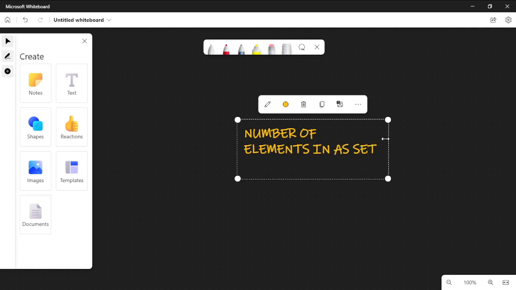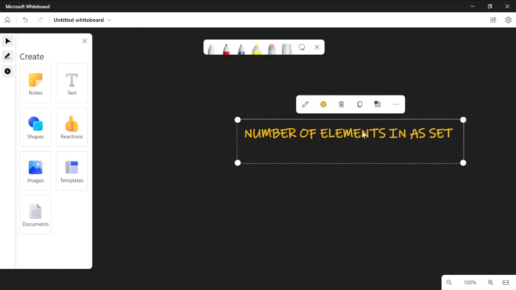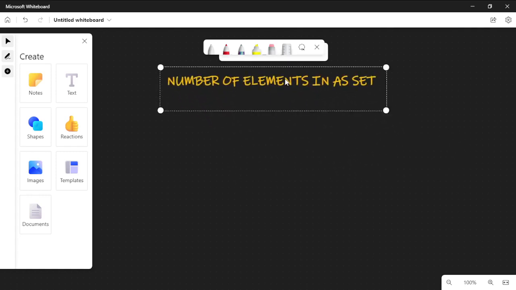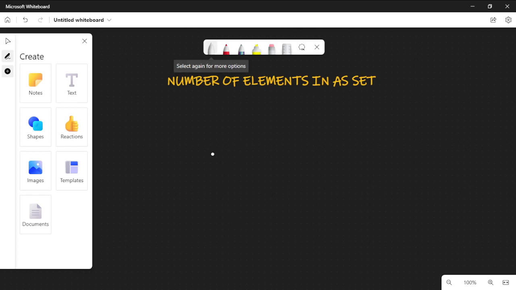Okay, so this is the next thing that we need to look at, how to find the number of elements that we have in a set. Now, number of elements in a set is also regarded as the cardinal of a set. So when they ask you to find the number of elements in a set, they are simply asking you to look for the cardinal of a set.